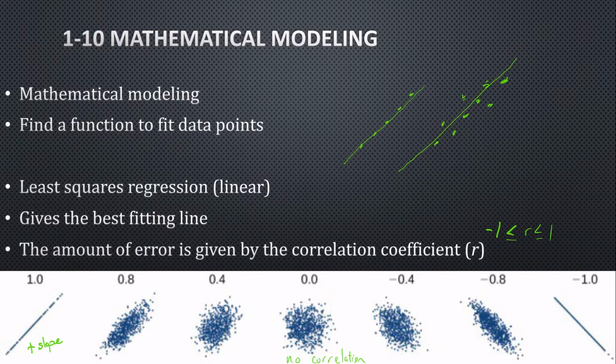As the slope goes down, the correlation coefficients are negative. A negative slope means a negative correlation coefficient. So the closer to 1 or -1, the better the line and the better the relationship. Closer to 0, the worse the relationship between them is.